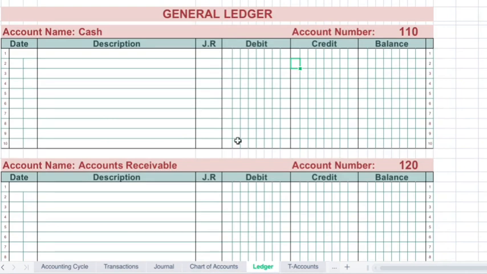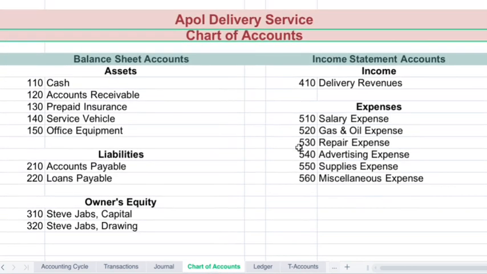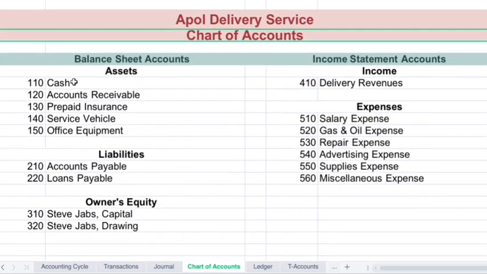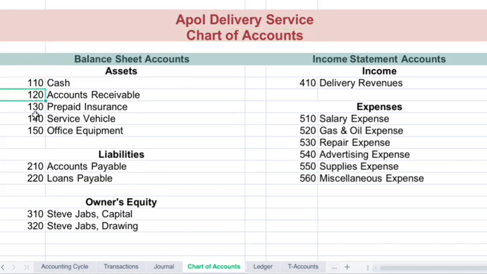yung pag-arrangement nito is from balance sheet accounts muna and then income statement accounts. So, sinusunod niya yung ating chart of accounts. Again, the chart of accounts is the listing of all accounts plus their account number. So, meron tayong mga account number for each account. And this chart is arranged in the financial statement order.